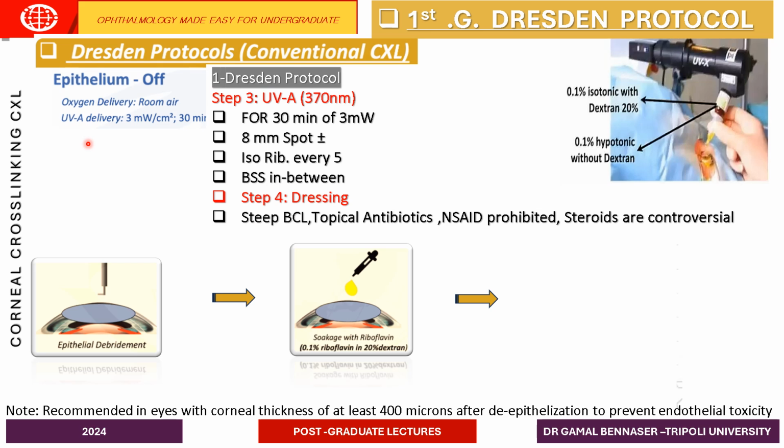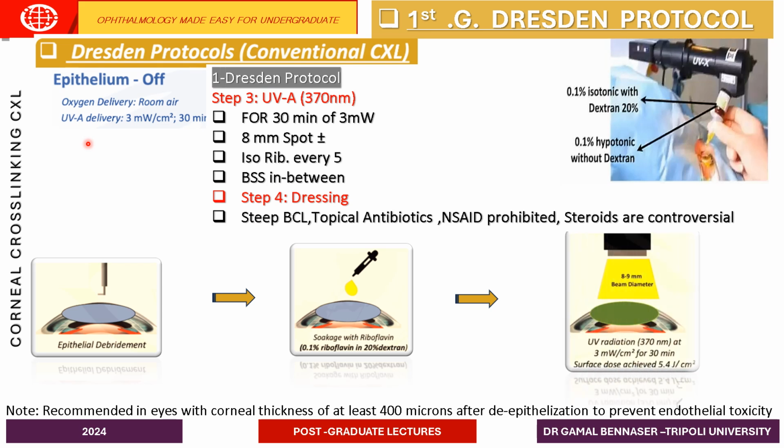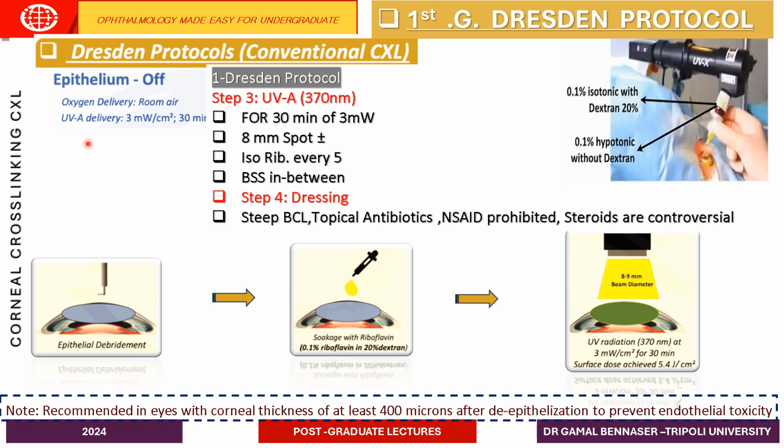We use it at a wavelength of 370 nanometer, and this is the wavelength that shows the high absorption spectrum for the riboflavin. Similarly, we use it for 30 minutes, and in between, every 5 minutes, we use isotonic riboflavin and some BSS drops.